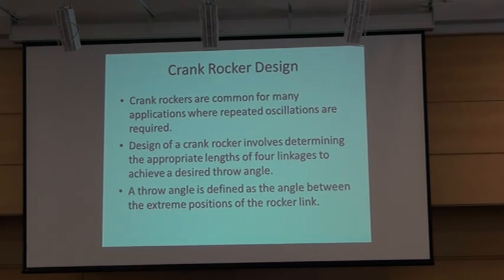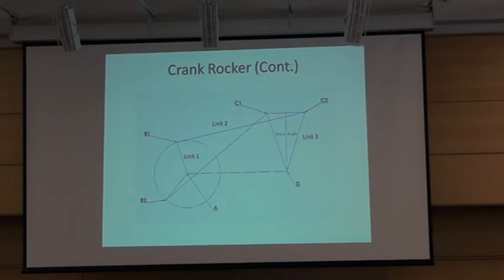So the design of a crank rocker involves determining the appropriate lengths of 4 linkages to achieve a desired throw angle. And a throw angle is defined as the angle between the extreme positions of a rocker. I have visuals for that in the next couple slides.